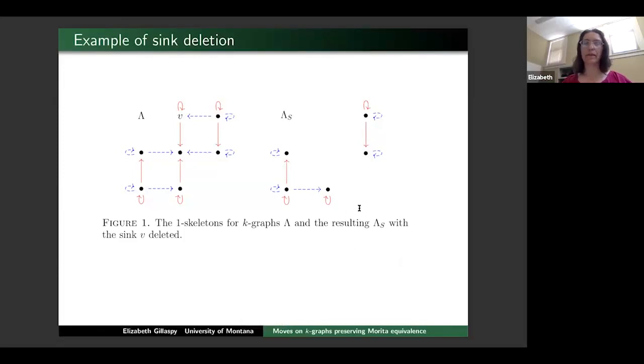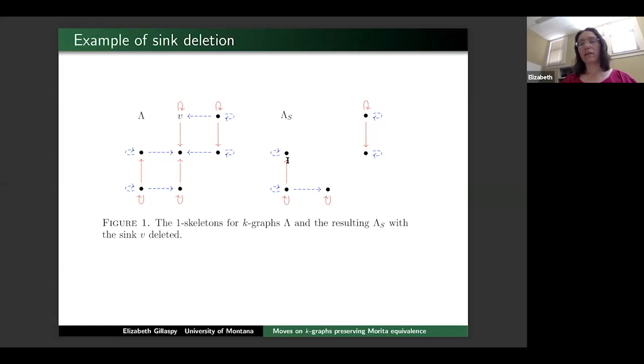So back to that example, if we delete v, because it's a blue sink, we're allowed to do that, but then we have to delete all the vertices that are downstream from v. Well, in this case, there's just the one vertex that's downstream from v, but if I delete this vertex, then I also am deleting all of these four edges that are coming into that vertex, and so I get this picture here.